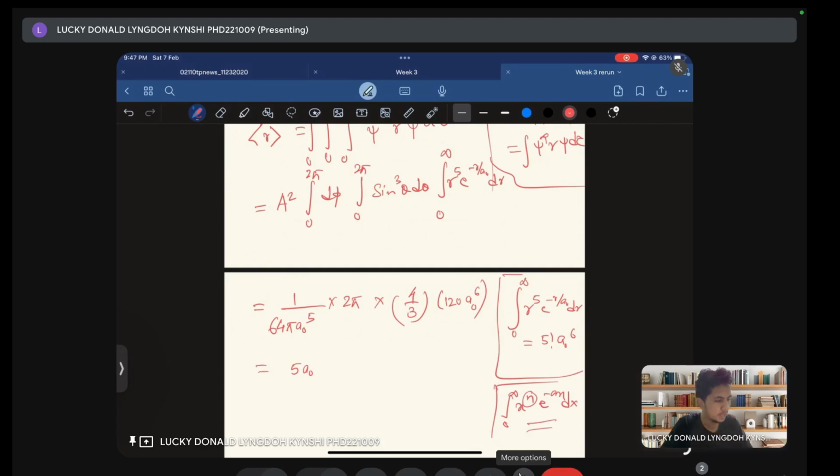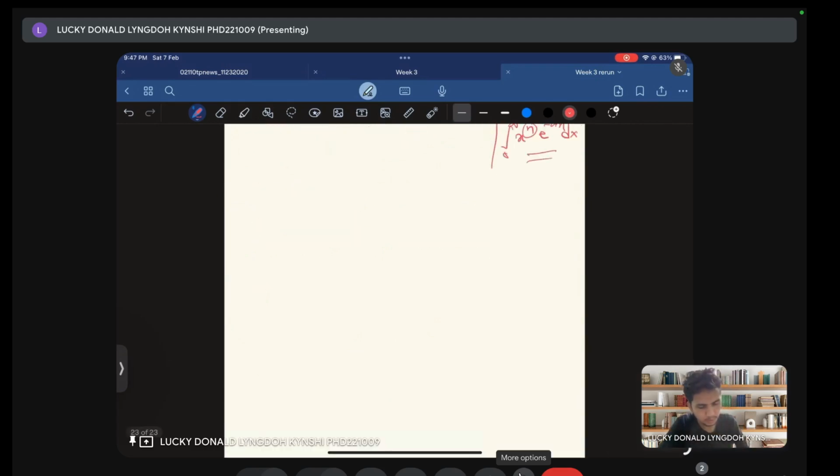Okay, now the last part of this problem number 4 is to find the most probable value of r.